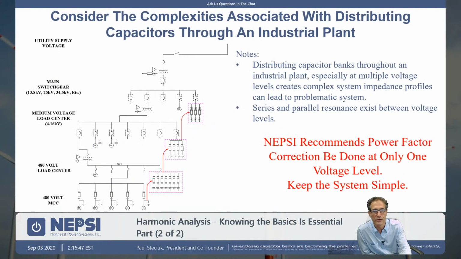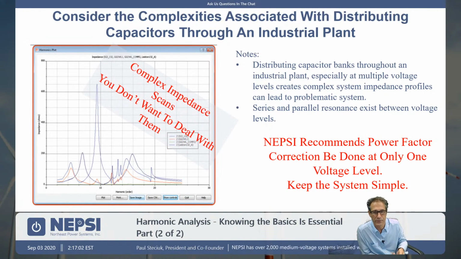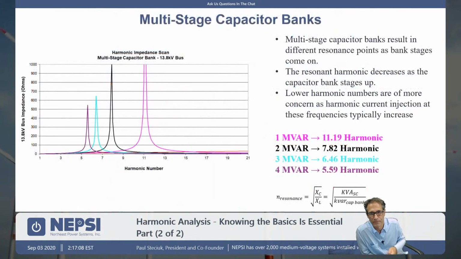But the concern here is when you have a multi-voltage level industrial power system, where you have low voltage systems and medium voltage systems, you want to be careful about scattering capacitors throughout that facility, because it can create a very complex impedance model. So we typically recommend correcting power factor at just one level.